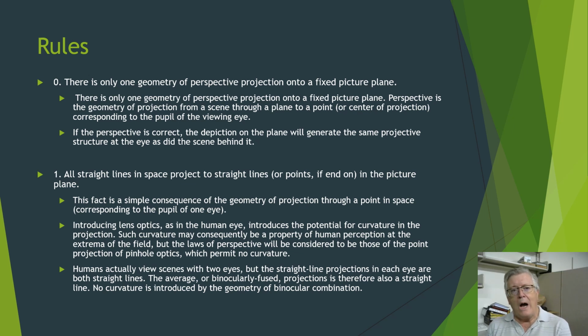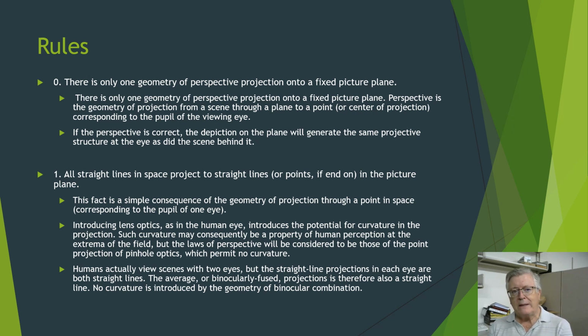There's only one geometry of perspective: projection onto a fixed picture plane. So perspective is the geometry of projection from a scene through a plane to a point or center of projection corresponding to the pupil of the viewing eye.